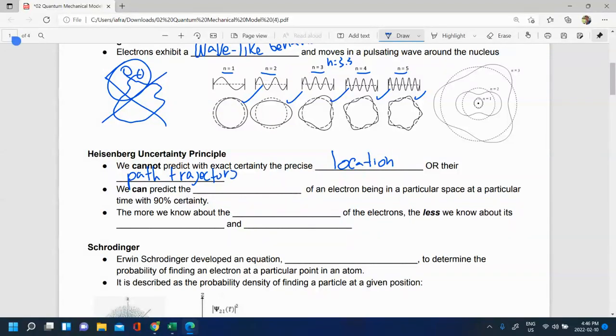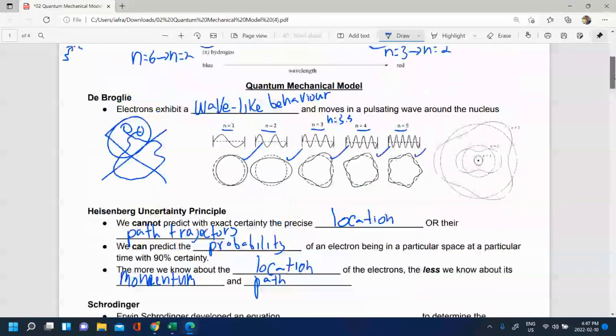You can only really predict the probability of an electron being somewhere, and we usually say a 90% certainty. That's how we define these models. And that's because the more you know about the location of electrons, the less you'll know about its momentum and path. So Bohr's model is not really following the uncertainty principle, and so we have to incorporate that somehow.